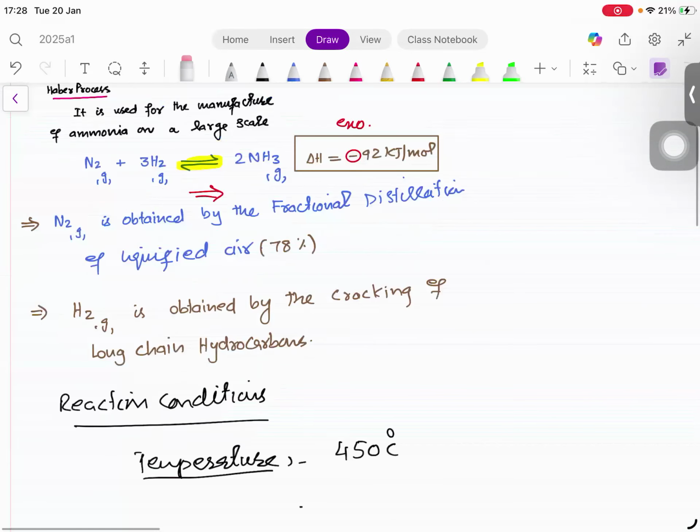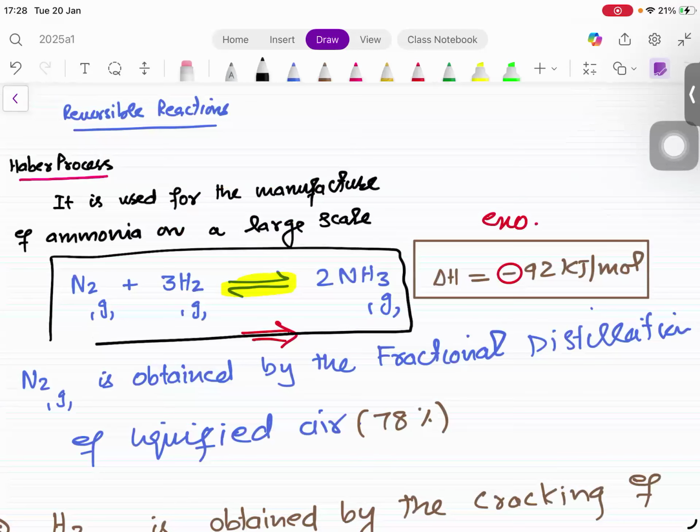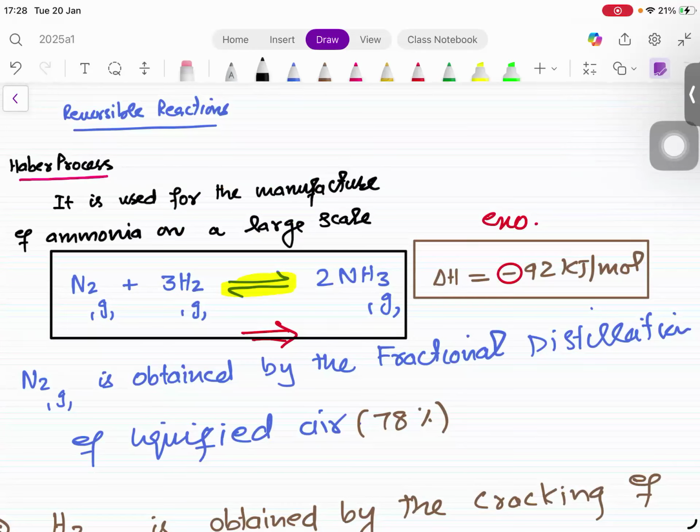Now look at this reaction. This is the reaction that is taking place here in a closed container. As we discussed, we want the equilibrium to shift in which direction? Forward as much as possible, so we can have the maximum yield of ammonia.